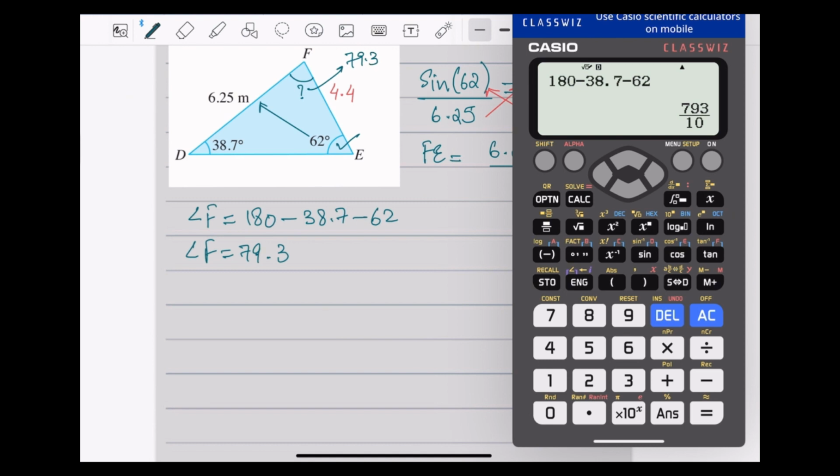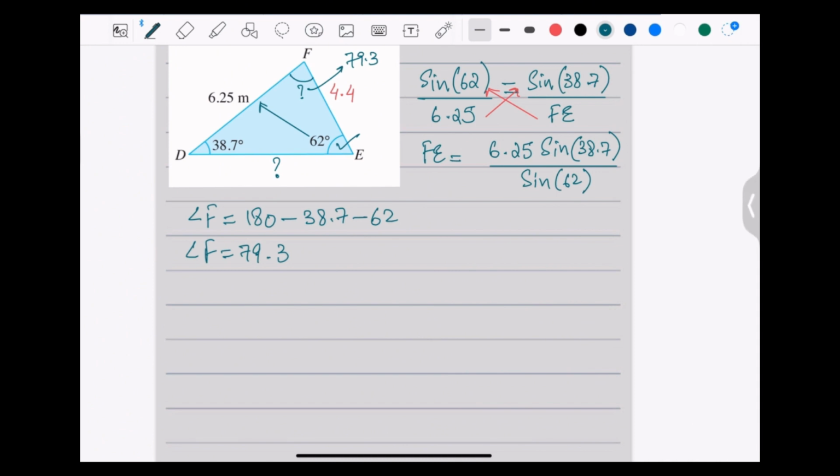Now you have to find the side that is opposite to that angle. So straight away, using another sine rule: sine of 62 over the opposite side 6.25 is the same as sine of 79.3 over dE.